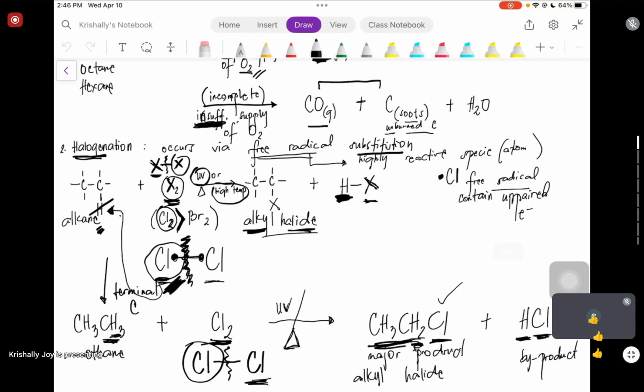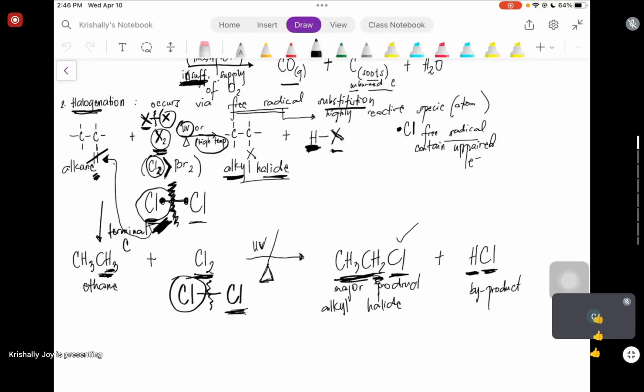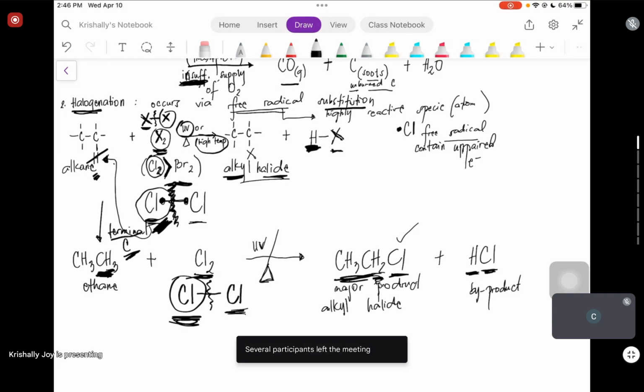Sige. Just find the terminal carbon of the alkane, whether it's left or right. Just stay on the terminal carbon. Then, one of its hydrogens, you replace with the halogen, whatever kind of halogen is being reacted with it. If chlorine, then put chloro. If bromine, then put bromo.